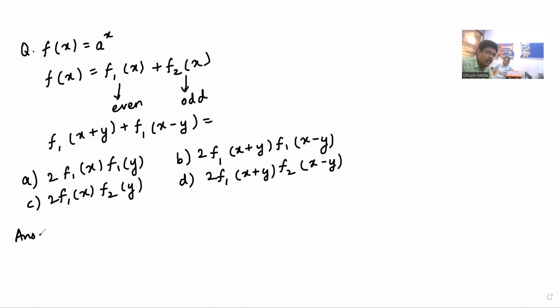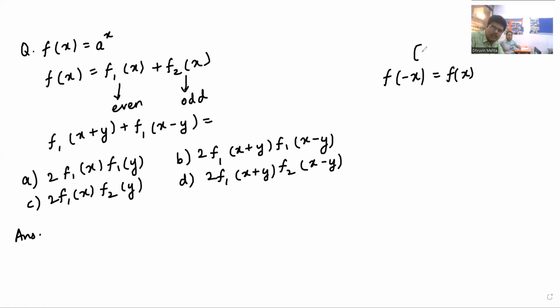अच्छा फर्स्ट ऑफ ऑल, इवन ऑड के बारे में डू यू नो? See, even odd functions are basically: even function is when you replace x with minus x the answer remains same, like cos x, x square, x raised to 4. Odd is when you replace x with minus x and the answer is minus.